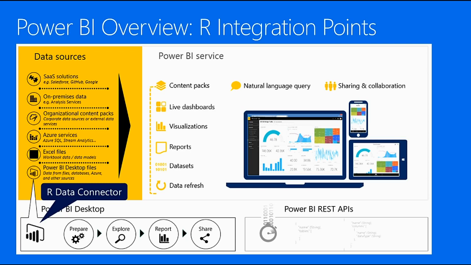The first part is this R connector that you see here. Of the vast amount of data connections available for Power BI, over 50, we added something we call an R connector, which basically allows you to connect using R to any data source that is not supported by Power BI and supported by R, leveraging, again, the power of the community.